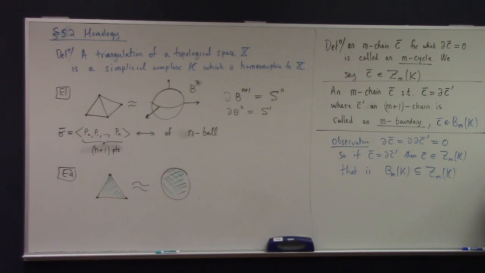So here's a definition. Two M-cycles whose difference is an M-boundary are said to be, let's see if I can say this word today, homologous.